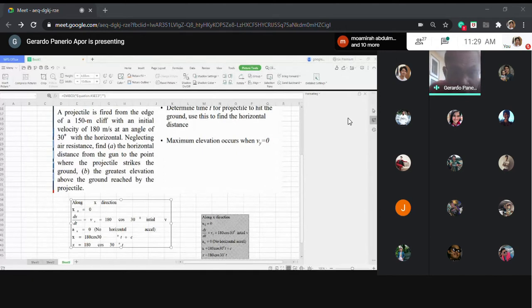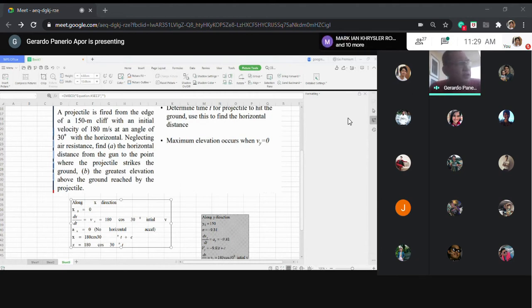Now, if we integrate this, we get v subscript y is equal to minus 9.81 t plus the constant of integration. Now, at time equals to 0, v0y is equal to 180 sine of 30 degrees.